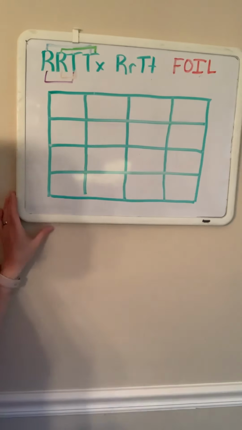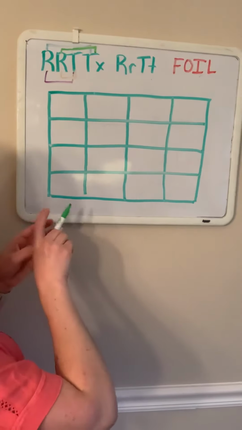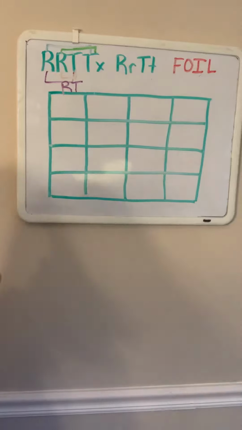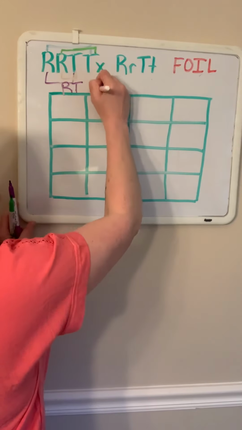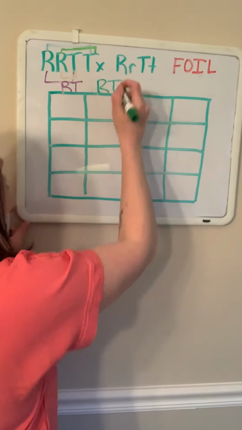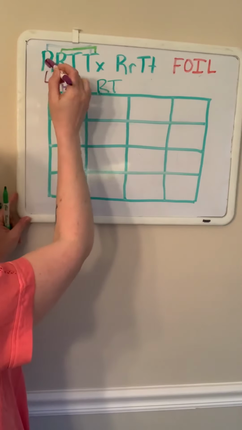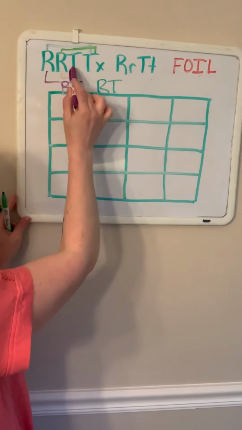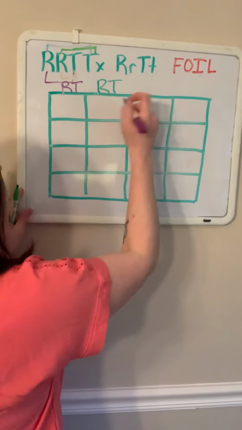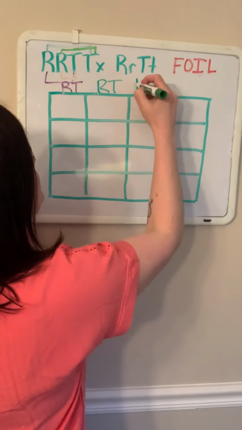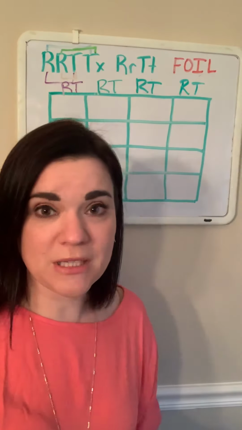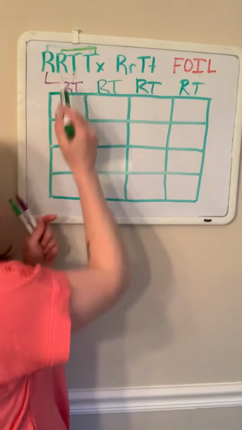So first was capital R, capital T. Outer, capital R, capital T. Inner was again capital R, capital T, and last, capital R, capital T. Obviously that's not always going to work out like that, but it just happened to there. But do you see what I did?